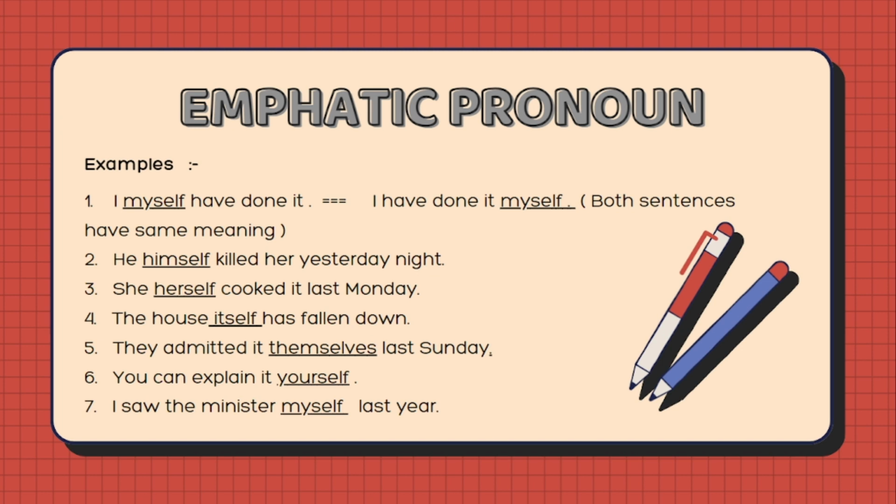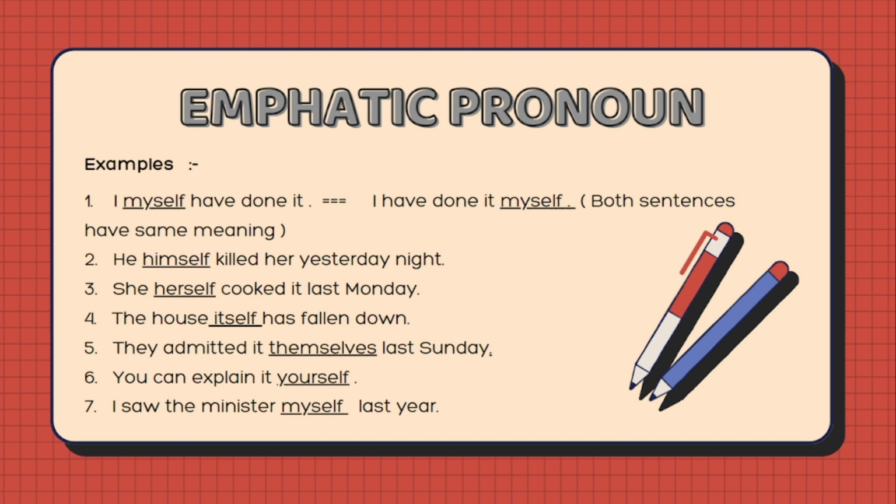Next, fourth example. The house itself has fallen down. In this sentence, the house subject, has helping verb, fallen main verb 3. The sentence is in present perfect in active voice. The meaning of this sentence is no one has made the house fall down.